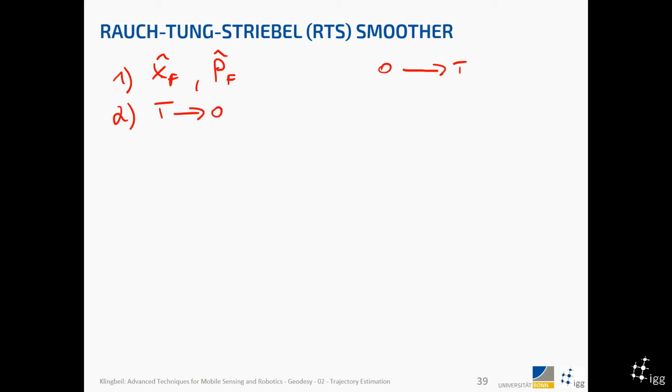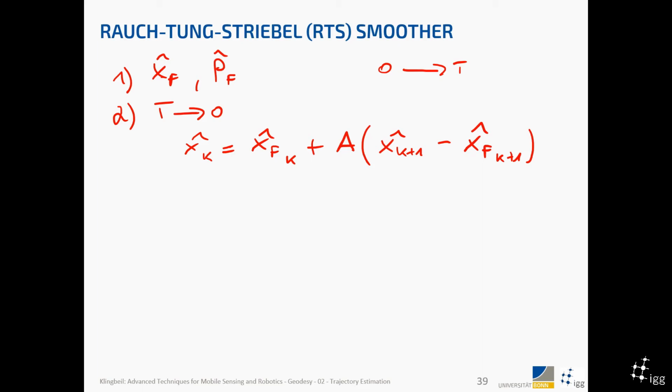And then we do this. We have a new estimate, which is the forward filter. And we add the difference between the forward filter and the last smoothed filter with some sort of weighting matrix, with some weighting factor here.